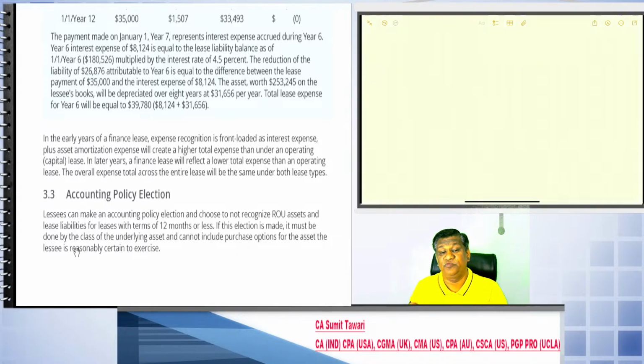Okay, so if you are planning to exercise the purchase option, then you cannot elect the accounting policy. Otherwise, if the lease tenure is 12 months or less than 12 months, in that situation, you can decide not to recognize ROU and the lease liability.